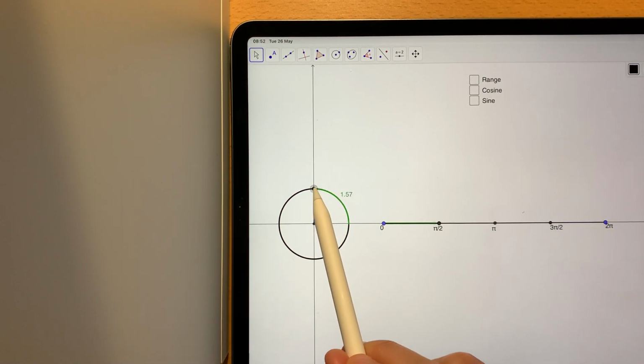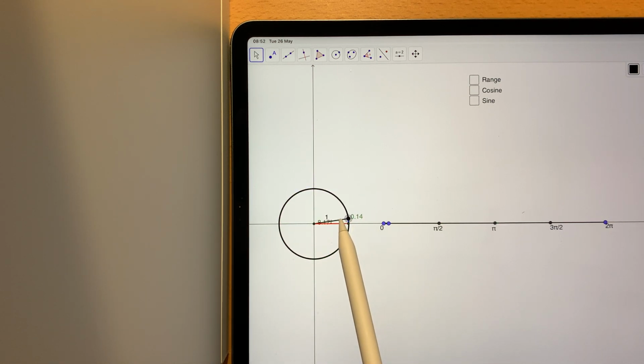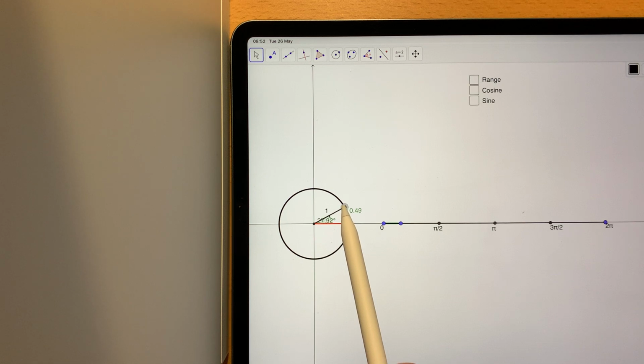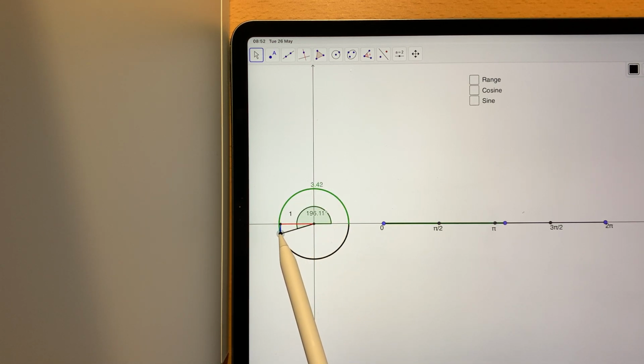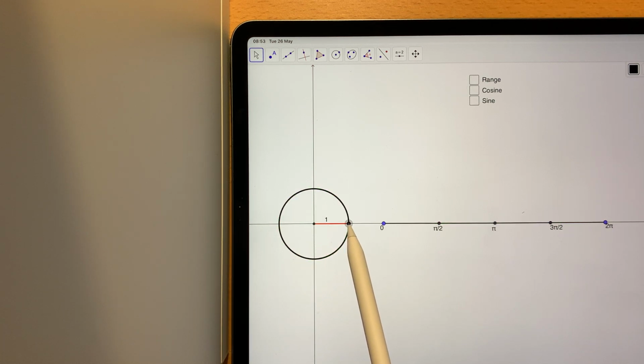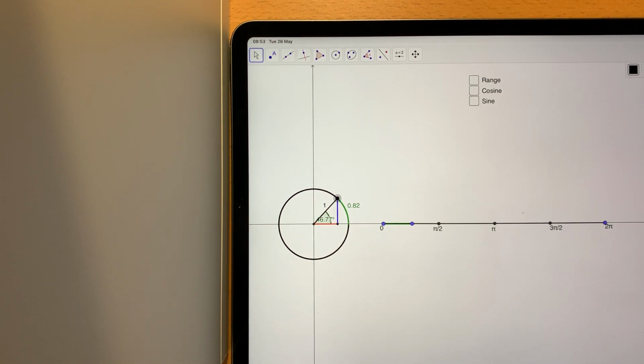As I travel along this unit circle, it travels with me. It starts at 0, now it travels to pi halves, it goes to pi, now to 3 pi halves, and now 2 pi. Very easy to understand.